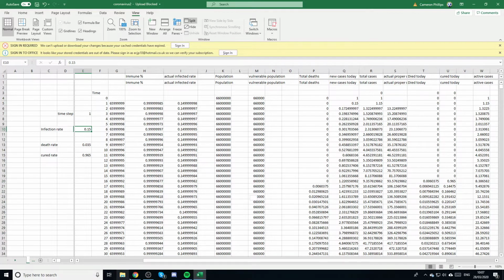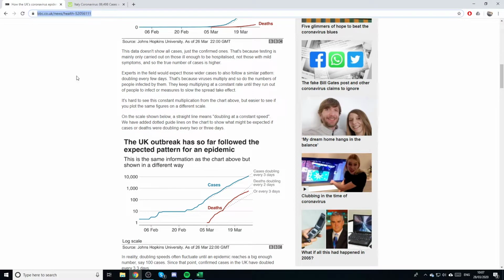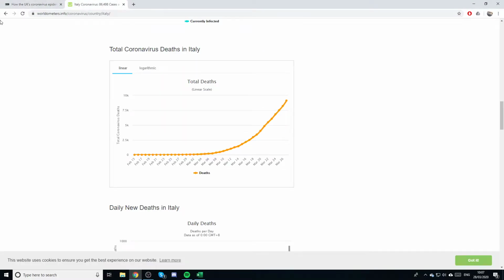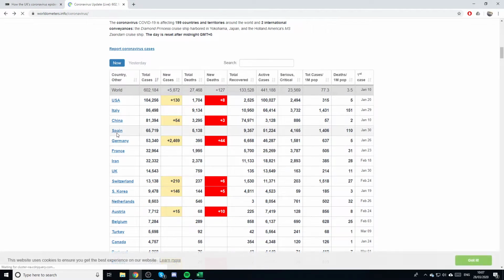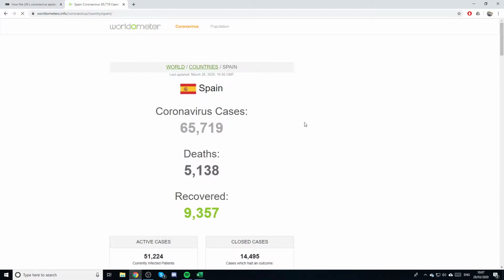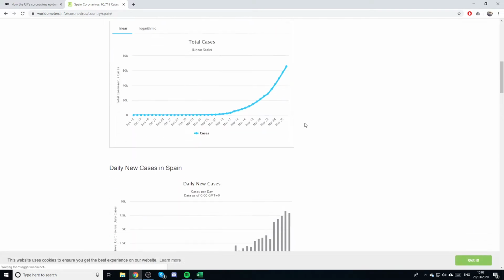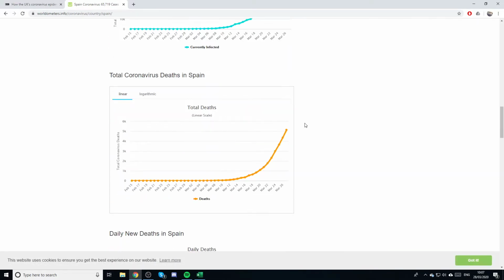Let's look at Spain, which again has been in lockdown for longer. Total deaths 5,000.